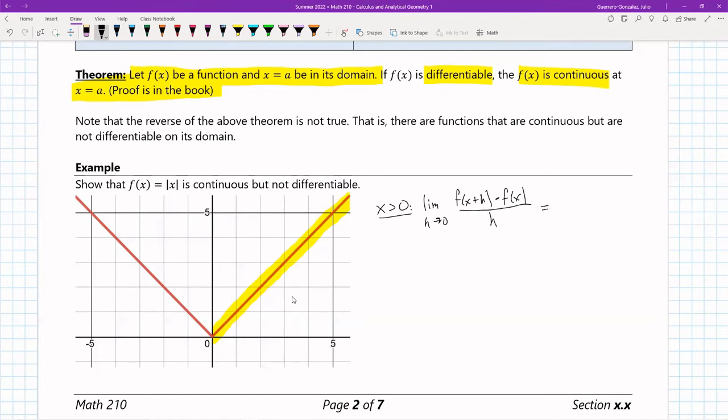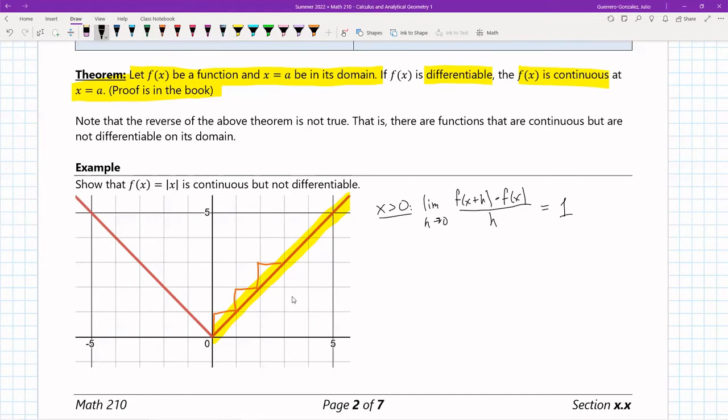If we compute this for this function, we're going to get that this is equal to 1. And it makes sense because the slope for this graph is 1. It's going up 1 over 1, up 1 over 1, up 1 over 1.